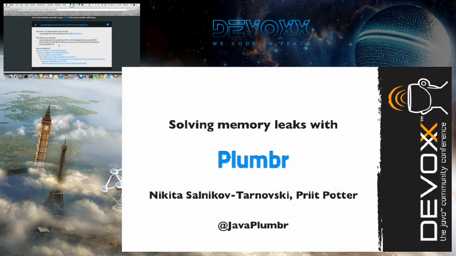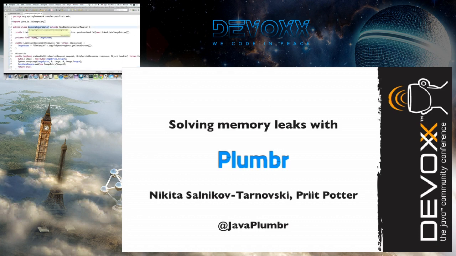And next, it will tell you where the objects are now, why they're still alive, because they are accumulated in some linked list, which is held in the field named lastUsedImages in the class LeakingInterceptor. If a developer receives that report and opens the LeakingInterceptor class, we see here we have the lastUsedImages list, really, and on line 27, these objects are created and put into that list on every request to our application. So that list is not constrained by size in any way. That list has no eviction strategy, so objects are being added to that list and they stay there forever, which constitutes a memory leak. An obvious one, but still.